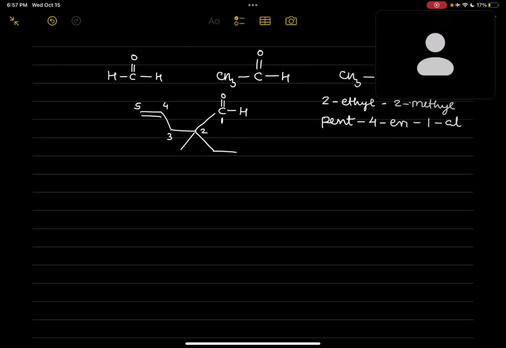Ketones have a similar structure. They are like brother and sister functional groups, but the double bond O is in the middle, so you have carbon atoms on both sides. Let's try to name this.